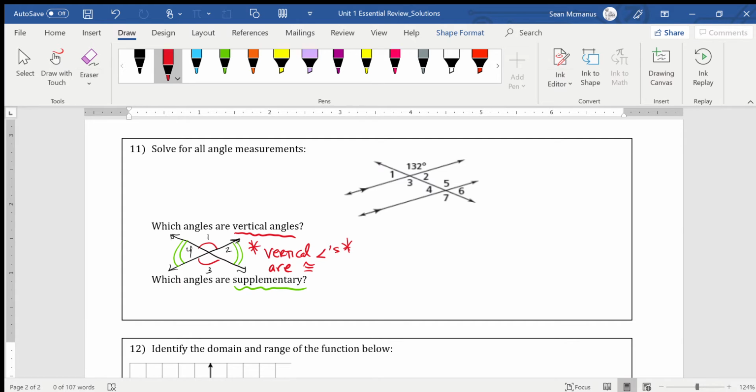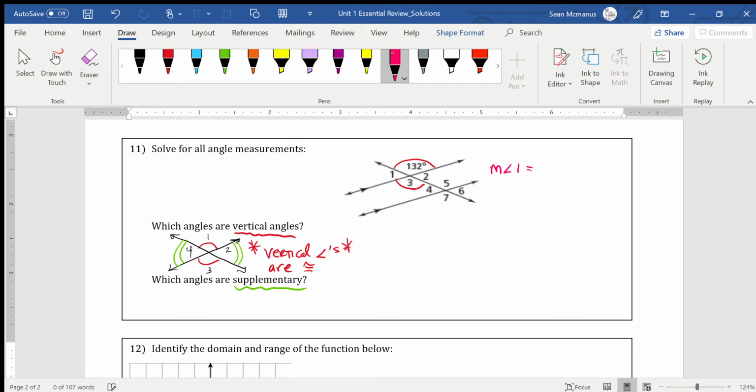So I'm going to start with the bottom first. Let's see if we can figure out any information from what we have right now. This one's not really numbered, but I see the one that's 132 degrees is vertical with angle 3. So I probably should have made a little key over here.